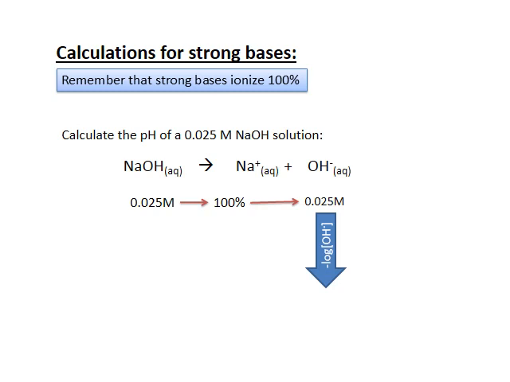To get to the pOH, I've got to take the negative log of that concentration, and I got 1.6. I want the pH, and what I just calculated here was the pOH. I know that the pH plus the pOH adds up to 14, so the pH of this is 12.4, and that makes sense because I expect pHs greater than 7 to be basic, and this is a base that we're dealing with.